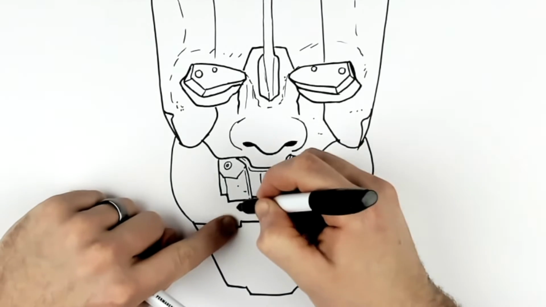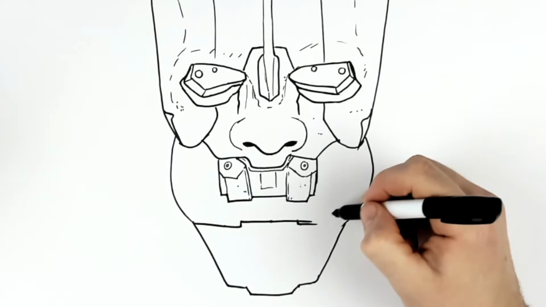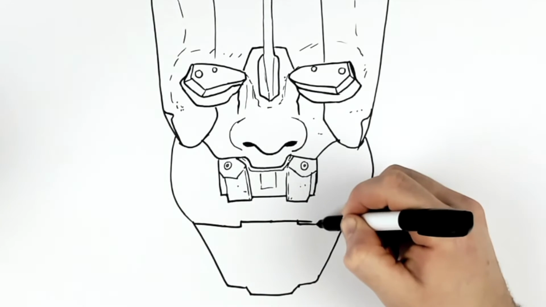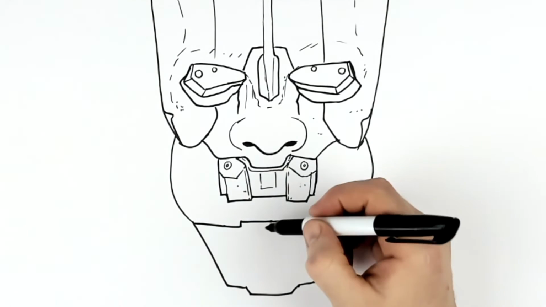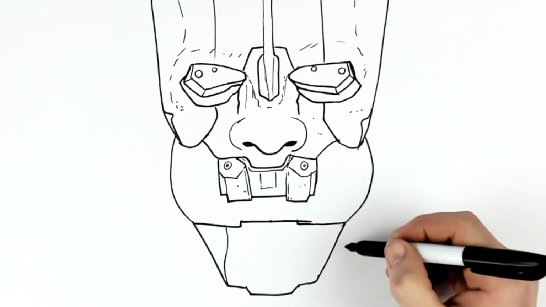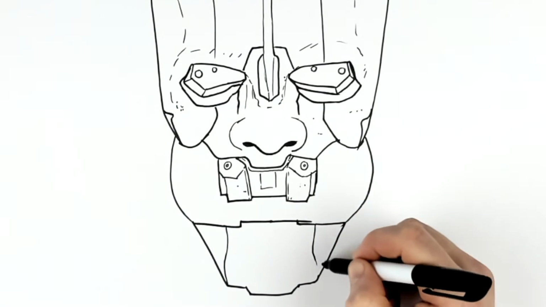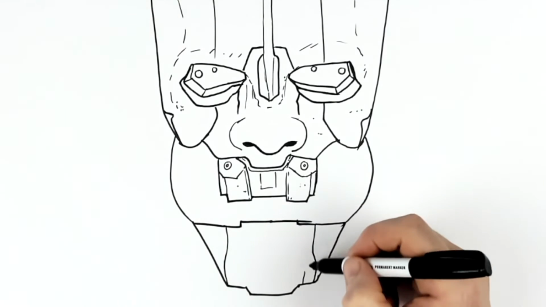So it should have stepped, so step down sort of in the same place here. And then back across to here, right? And then we'll add some extra sort of lines for all this detail.